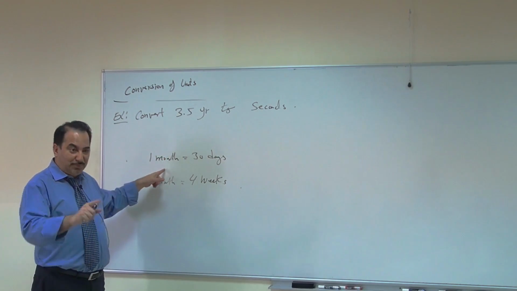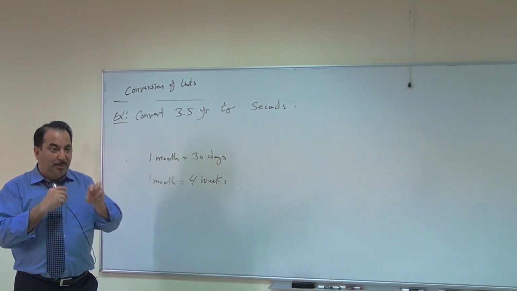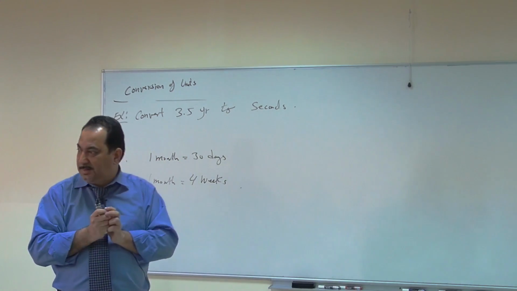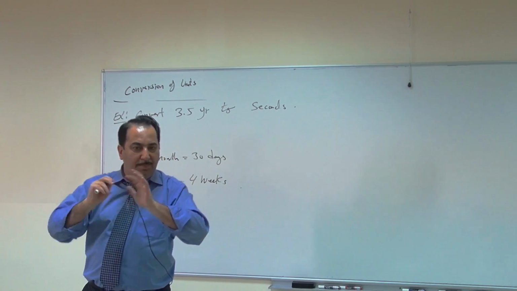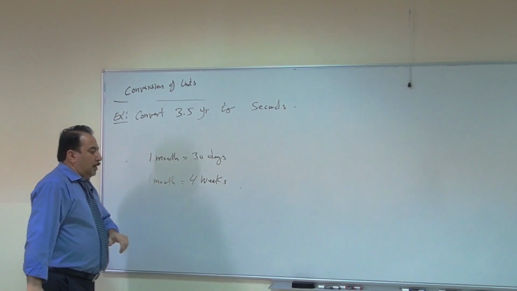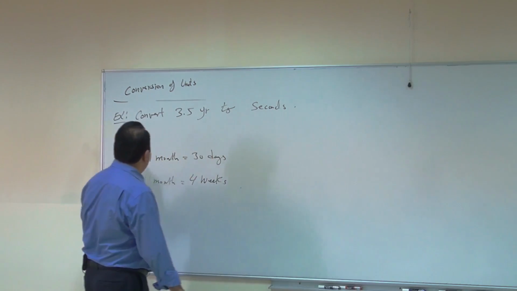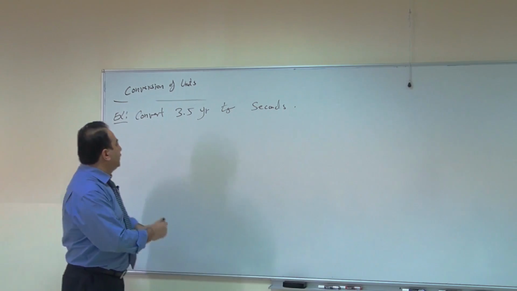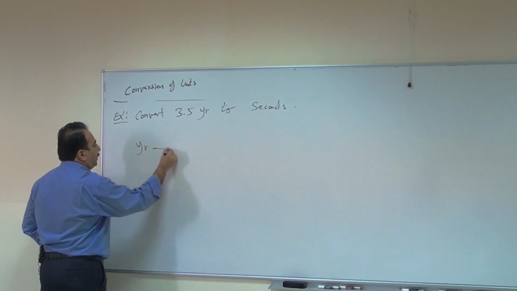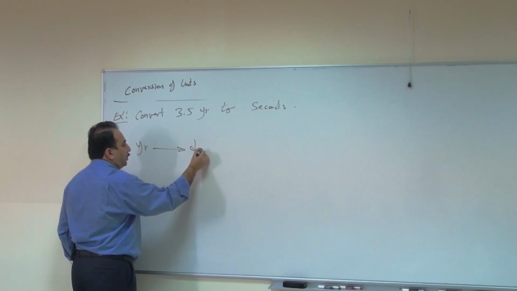So avoid this. That's what I was talking about. Avoid the general common mistakes. Then the rest is easy. You can drive on without any problem. Right. So which way will we go? Years to what? Days. Okay.